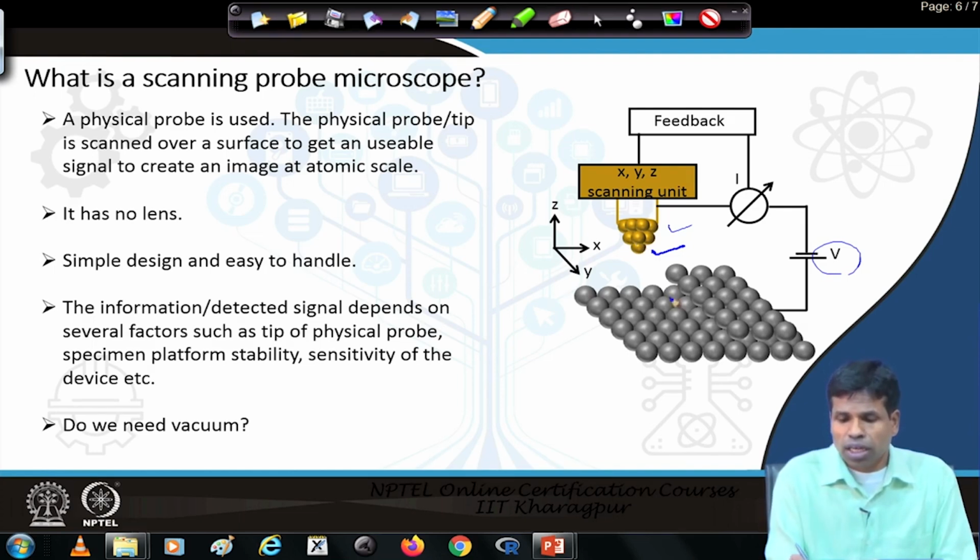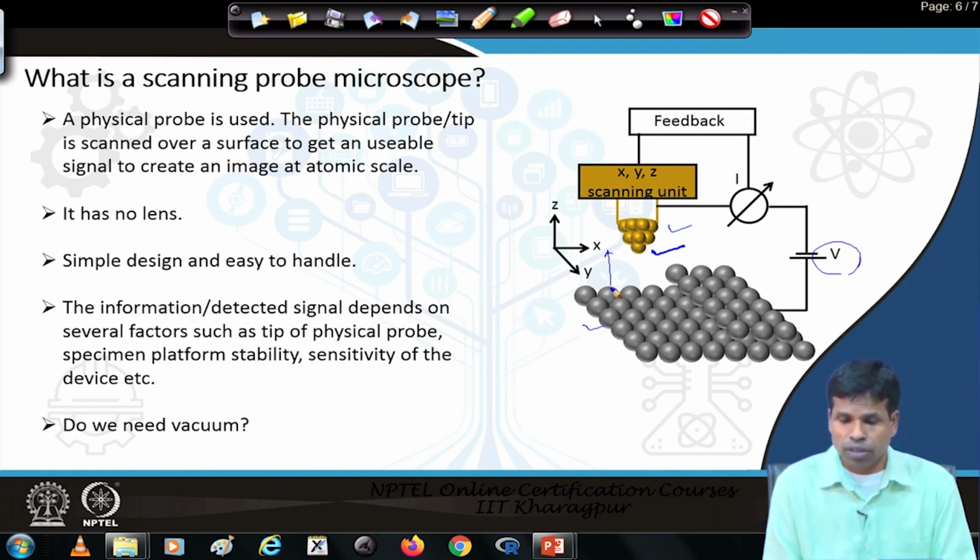Similarly, for example, if my sample is magnetic in nature and my tip is magnetic in nature, the magnetic field can extend up to a certain distance above the surface, and we do not need to come very close to the specimen to experience the magnetic field. The tip can scan a little above the specimen and know at which place a magnetic particle is present by experiencing the magnetic field.